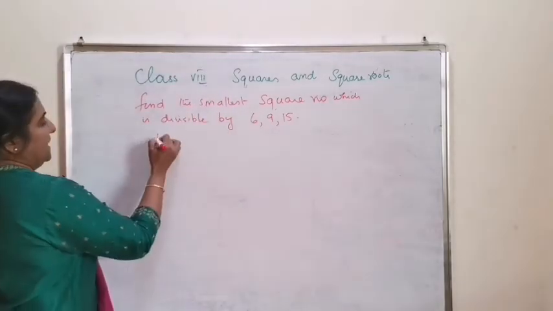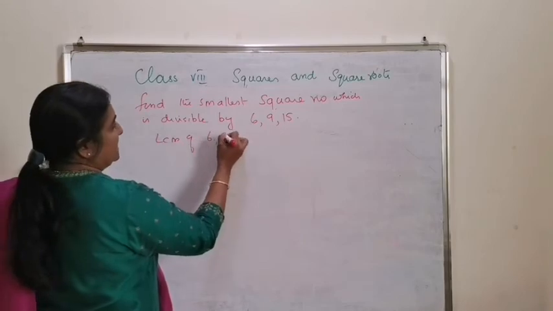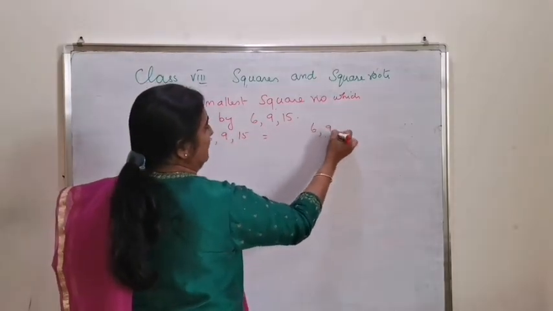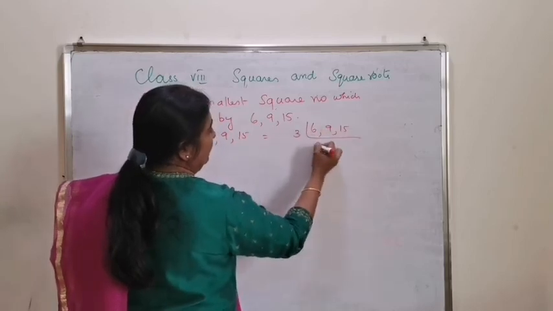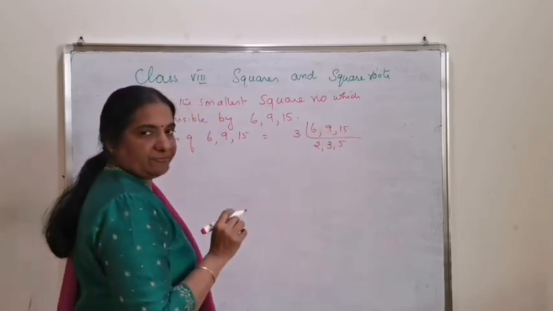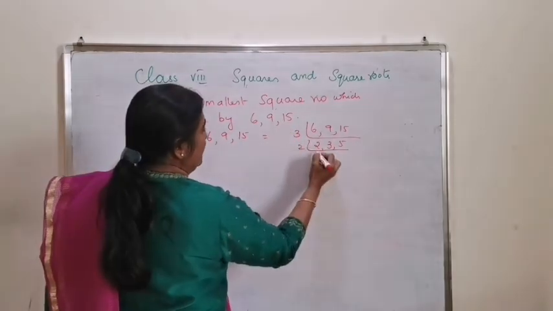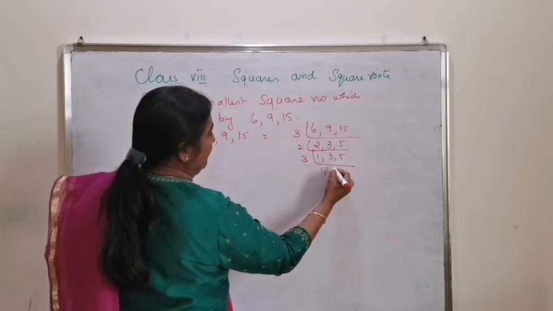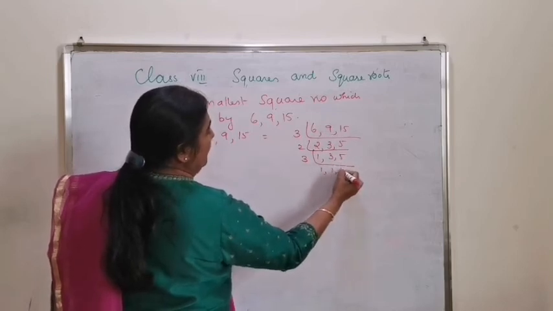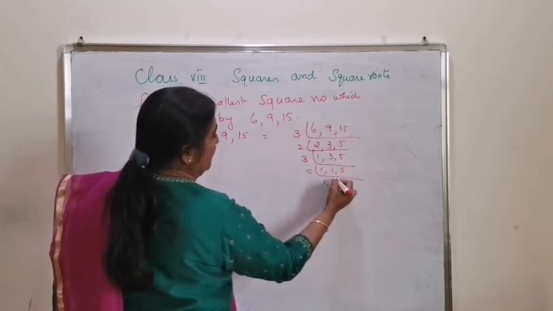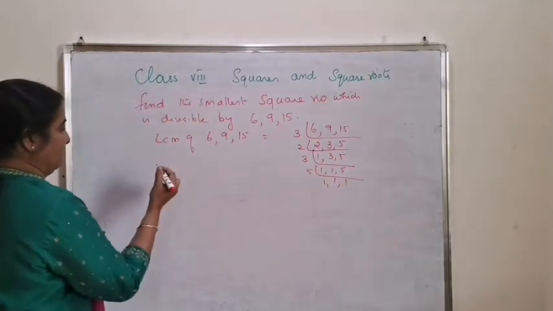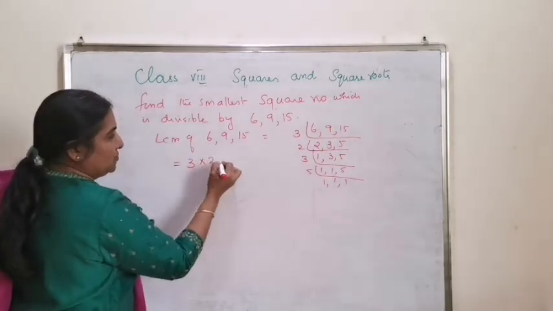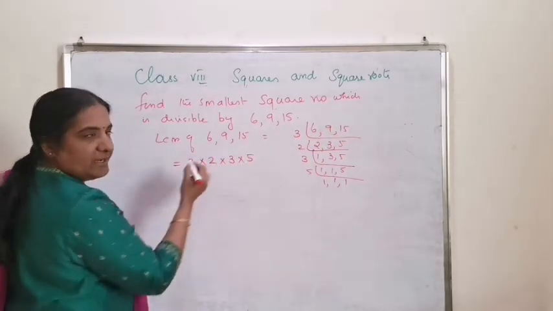LCM of 6, 9 and 15: with 3, we get 2, 3 and 5; again with 3, 1, 3, 5; with 3, 1, 1 and 5; with 5, 1, 1, 1. That is, the LCM is 3 into 2 into 3 into 5.